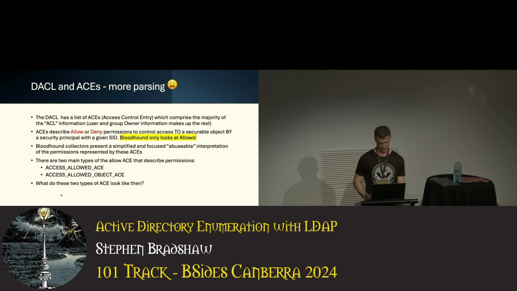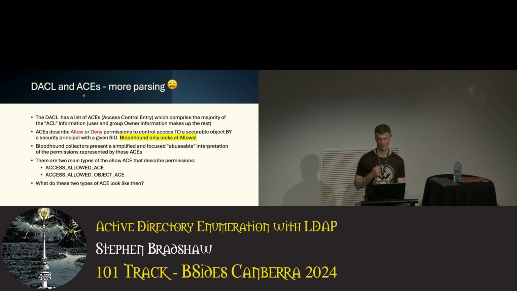Then there's more parsing to do. The DACL has a list of access control entries, and each one of these links a security principal with a set of permissions that they have to that particular object. It makes up the majority of the information of these abusable ACL permissions. ACEs have 2 main high-level types. They can be allow or deny.